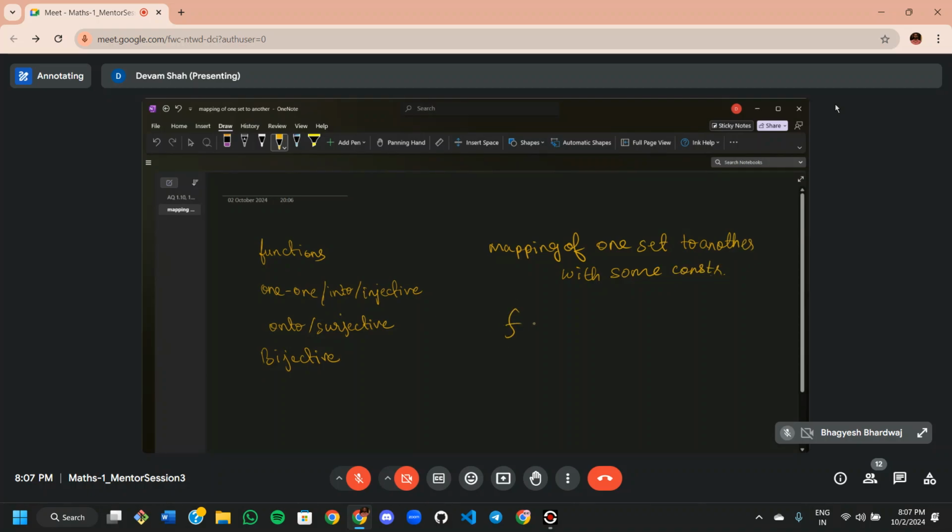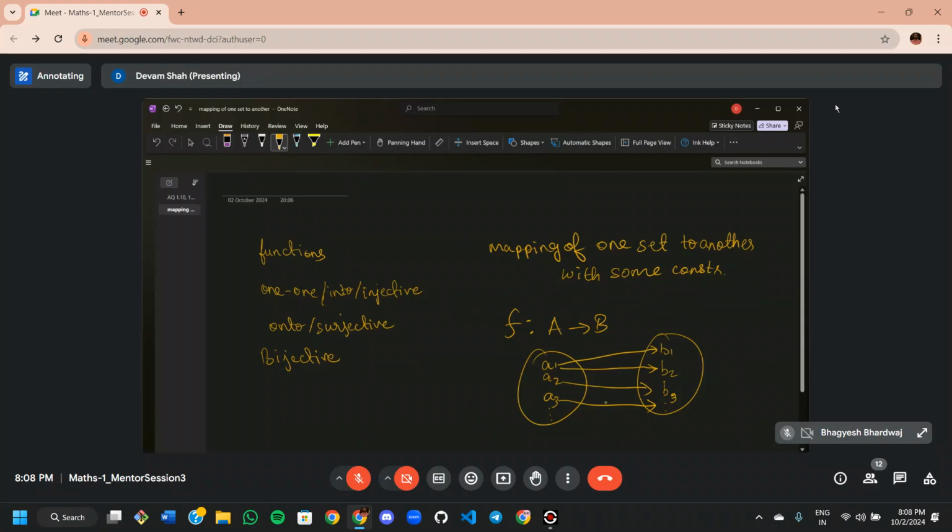For example, if I say f is defined from A to B, now there are some elements in A, let it be random things. For example, there is this mapping. What do you think? Is this a function?